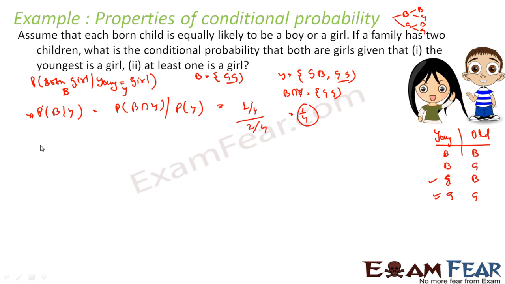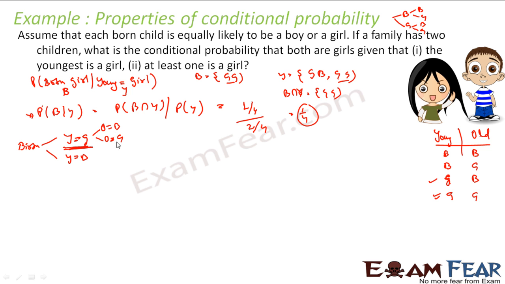Using a diagram also you can see this. Birth happens, and the case is that young is a girl. So young is a girl or young is a boy, 2 options. Then if young is a girl, old can be a boy or old can be a girl. I'm told that young is a girl, this condition is already given.